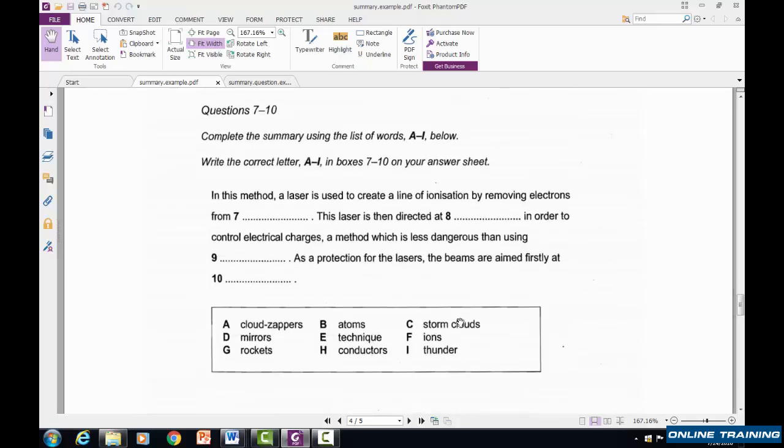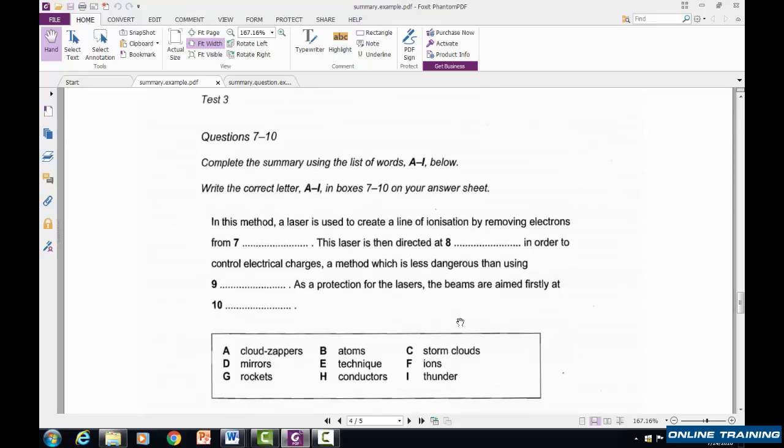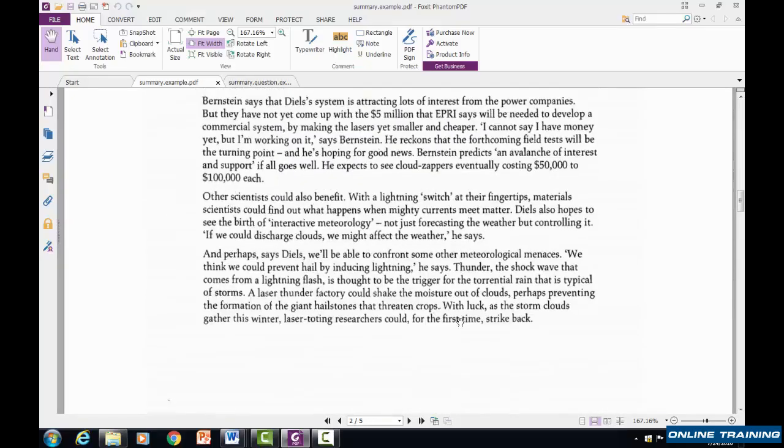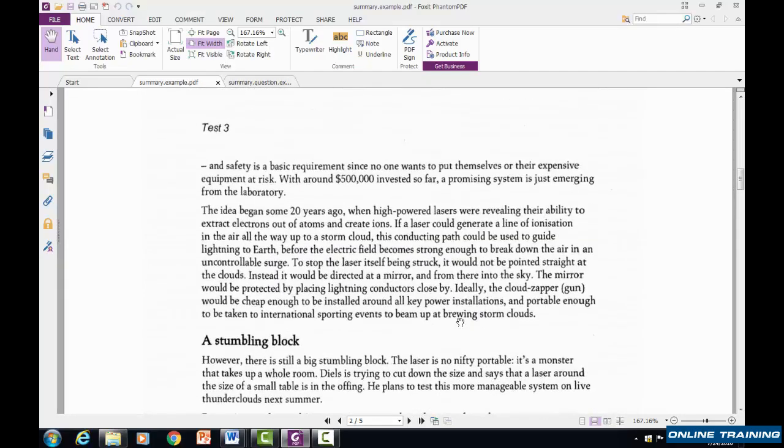Well, when I look at this paragraph, I don't see any information that talks about dangerous or less dangerous.